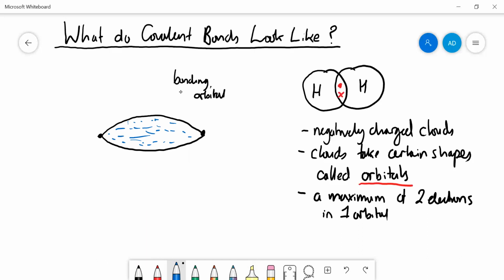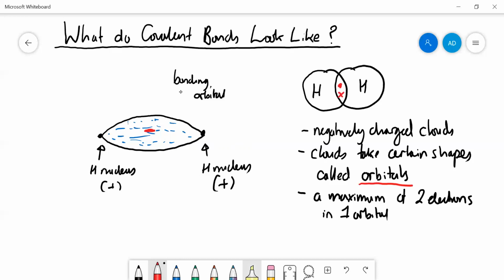Okay, so how does that work in holding the 2 atoms together? Here we've got the hydrogen nucleus, which is positive, and here we've got another hydrogen nucleus, which is also positive. And here we've got all this negatively charged electron cloud.